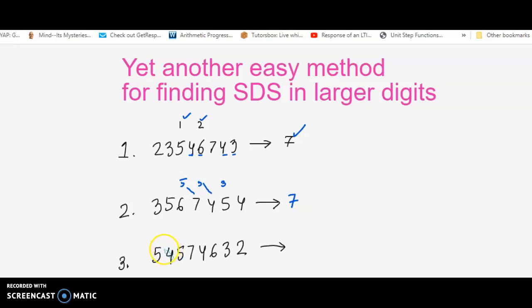Let us take this question: 5, 4, 5, 7, 4, 6, 3, 2. Start adding and subtracting 9. So 5 plus 4 is 9. 9 minus 9 is 0. Then 7, plus 5 is 12. 12 minus 9 is 3.